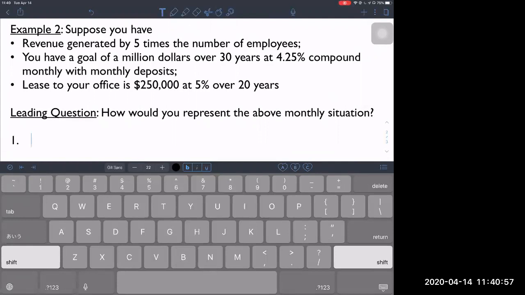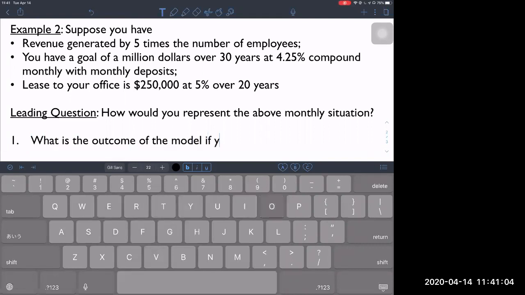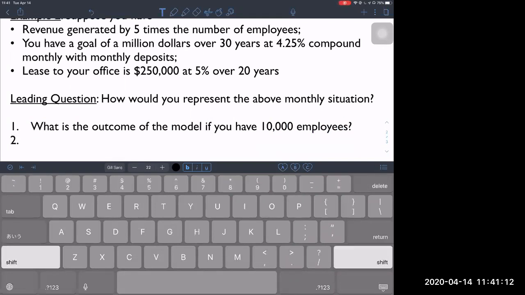So an example is, what is the outcome model if you have 10,000 employees? Question mark. Okay.